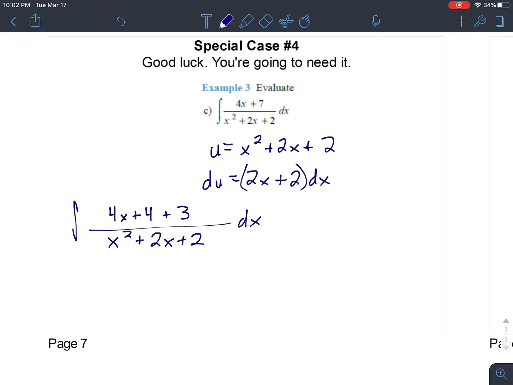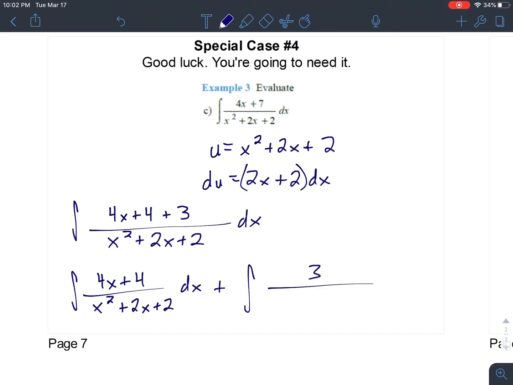And this is where we split it up, not into 3 fractions, but into 2 fractions. 4x plus 4 goes into the first one. And then we're going to put 3 over x squared plus 2x plus 2 into the second one.